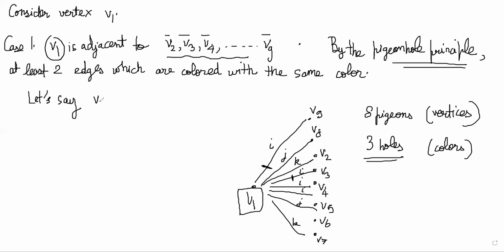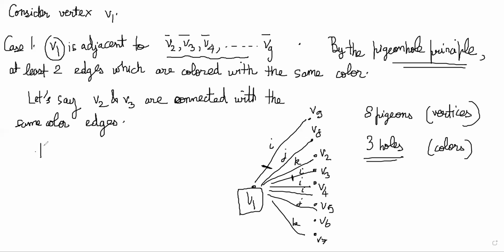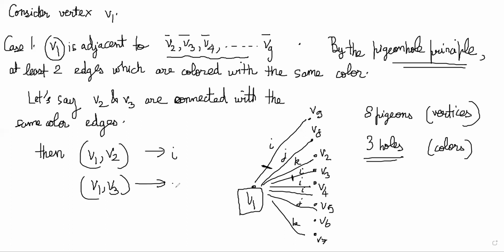Let's say V2 and V3 are connected to V1 with the same color edges. Then we know that V1, V2 has color I, V1, V3 has color I, therefore V2, V3 has color I, by the fact that I had mentioned before.